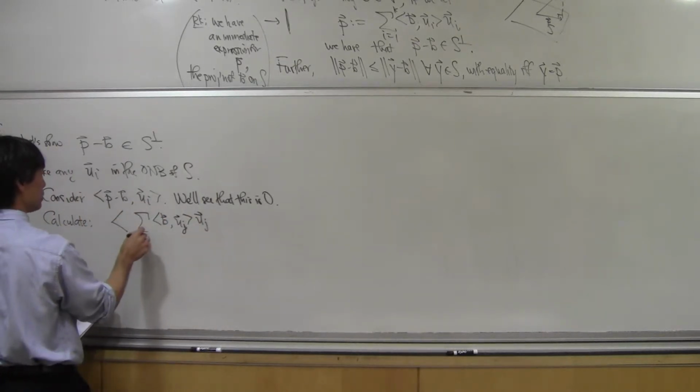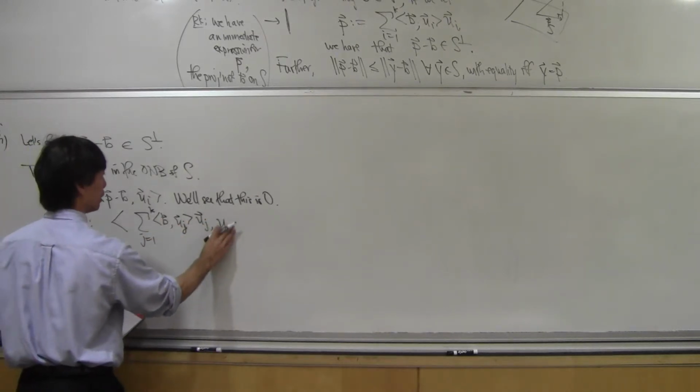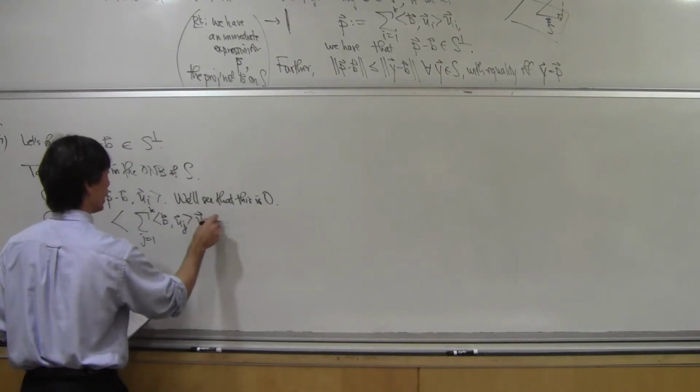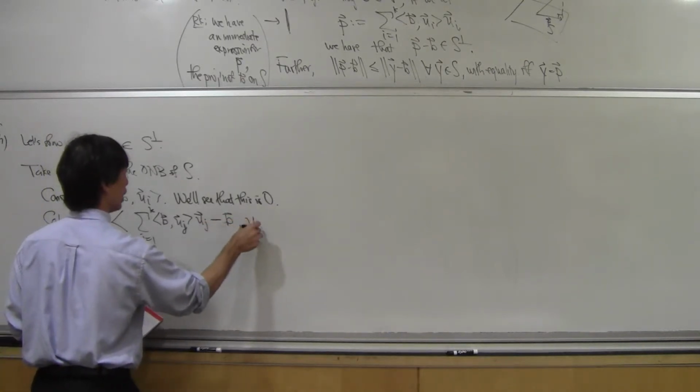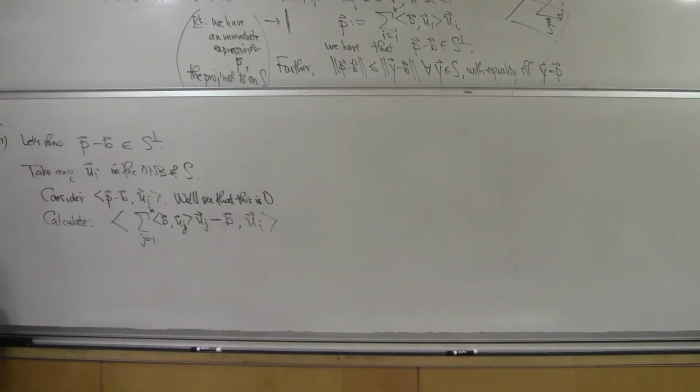It means something else. So J goes from 1 to K, and we use Ui here. So this minus B, comma Ui. Let's calculate that. Take 20 seconds and see if you can see that that equals 0.